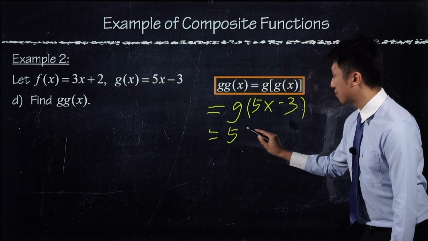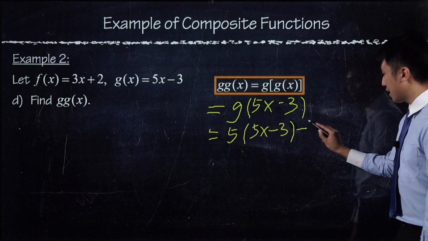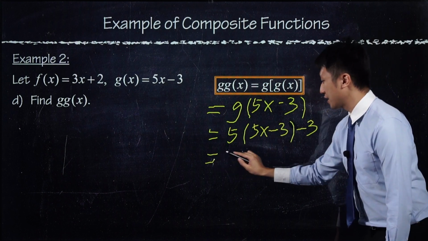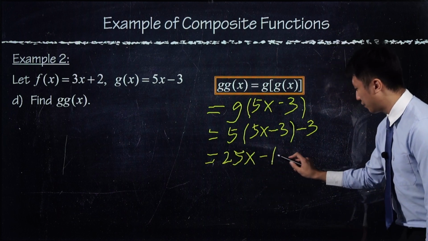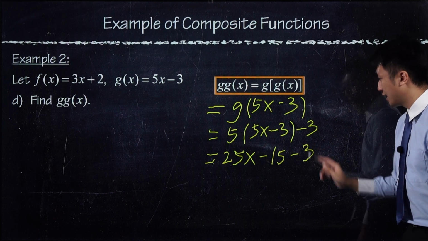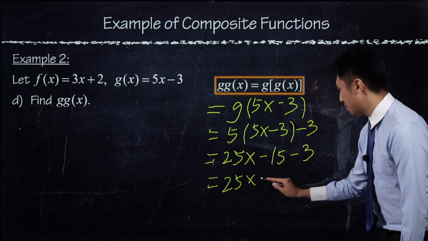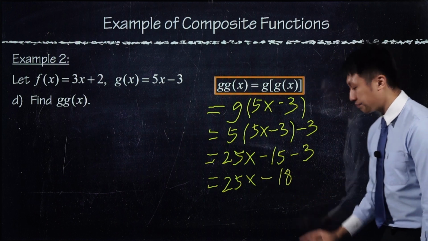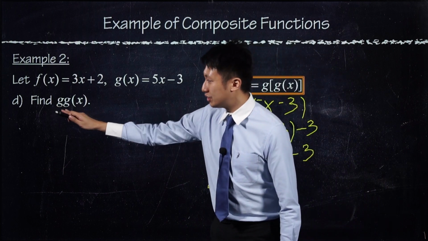So 5 bracket 5x minus 3, then minus 3, which gives me 25x minus 15 minus 3. Then it gives me 25x minus 18.